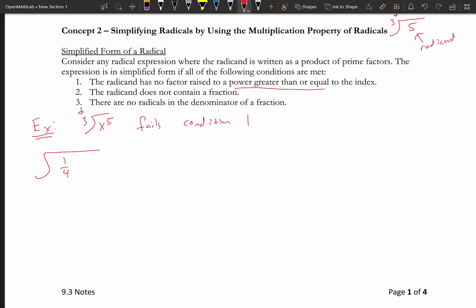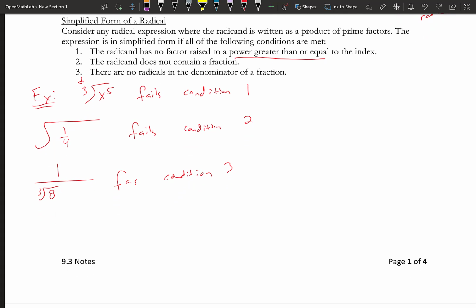In this case, the radicand is a fraction, so this fails condition 2. In other words, these are not simplified. And if I have 1 divided by the cubed root of 8, this fails condition 3, because condition 3 is that there are no radicals in the denominator of a fraction.